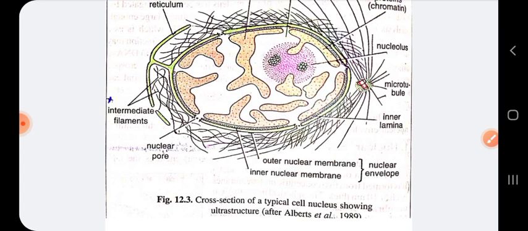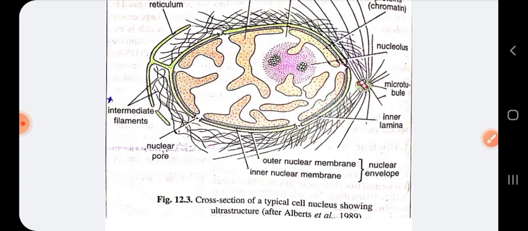Again, I repeat, the surface of the outer nuclear membrane is decorated with ribosomes, which are engaged in protein synthesis, and it is continuous with the outer membrane of the endoplasmic reticulum. Now the ribosomes are making proteins on the outer nuclear membrane.